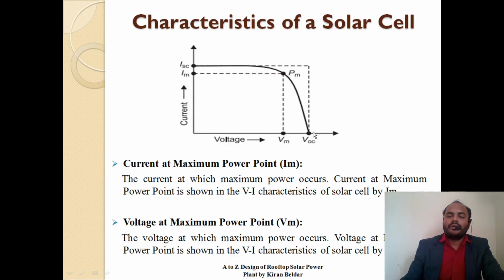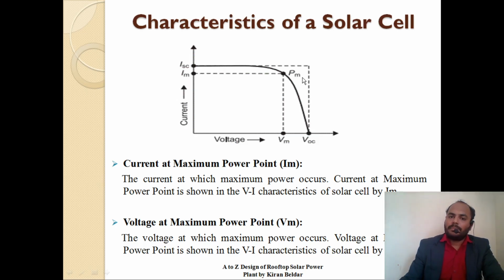But actually, when a load is connected to a solar cell, the maximum current and the maximum voltage, these two parameters, are very important. When we draw a horizontal line through Im and a vertical line through Vm, they meet at one point on this bent curve, and this is nothing but the maximum power point.